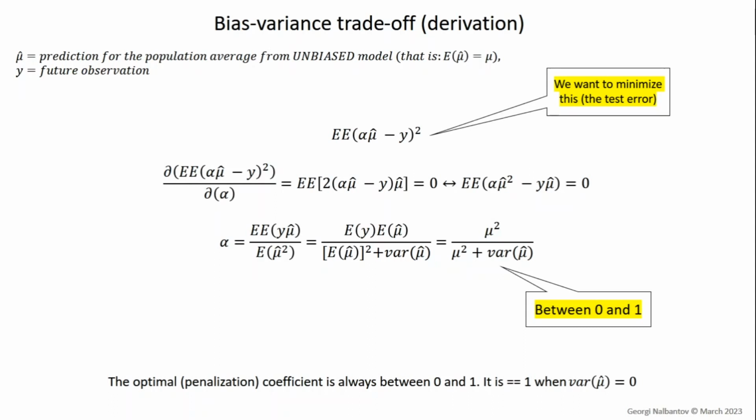So this is alpha, but we cannot compute it because it's theoretical. We cannot compute it because mu is unknown. So if you know mu, we don't have to compute alpha. We're looking for mu, we'll just know it right away. But here we just see that when we have an unbiased estimator, we always have to penalize it.